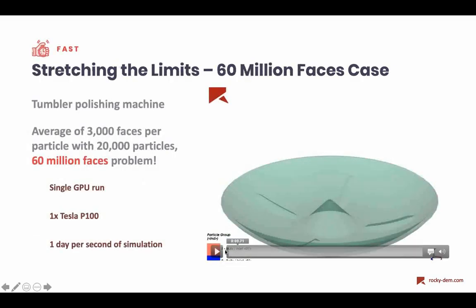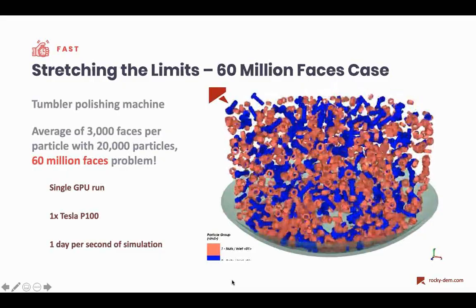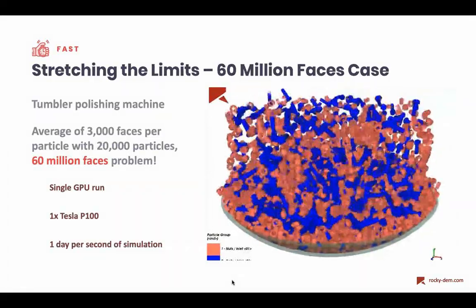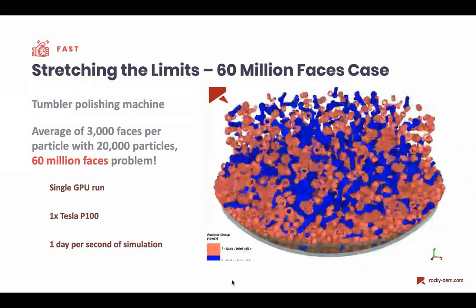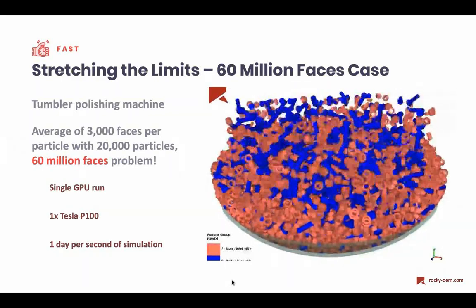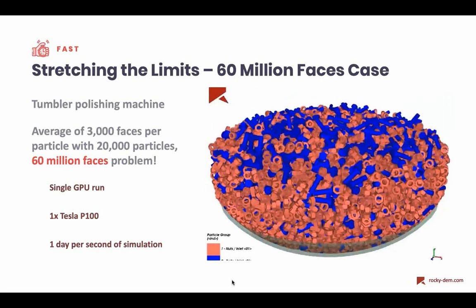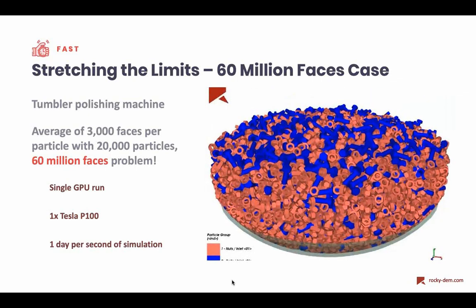Of course, I can use that and use all the GPU resources to handle the tumbling and the moving phenomena and the motion that happens in a tumbler polishing machine.